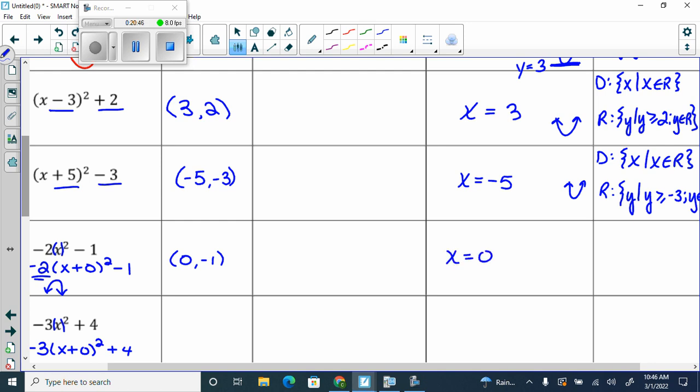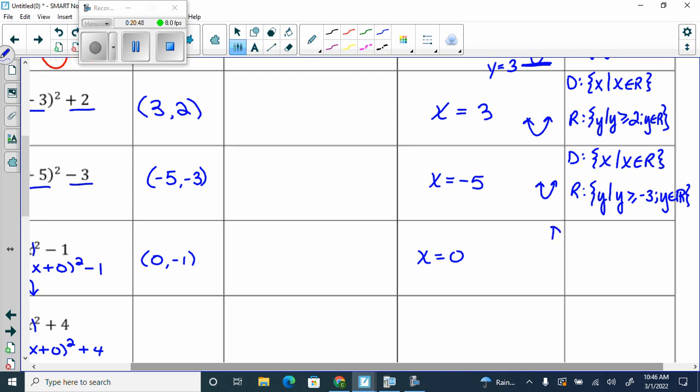My domain? X such that x is an element of the reals. My range? Yeah. So it is concave down, so y is less than or equal to -1. You got it. Perfecto.